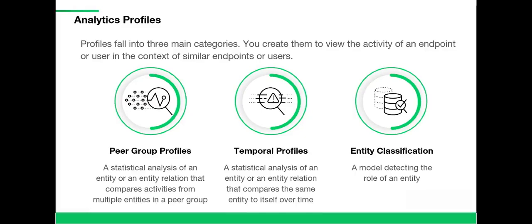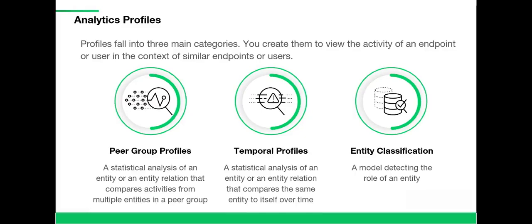As part of the baseline building mechanism, we have these profiles. They are called dynamic profiles. We can divide these dynamic profiles into three main categories: peer group profiles, temporal profiles, and entity classification profiles.